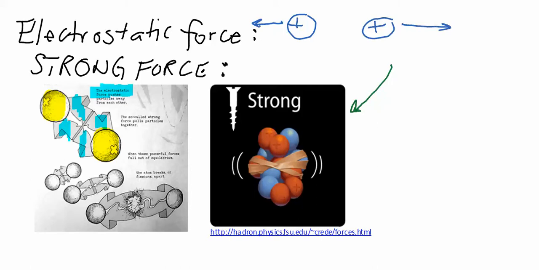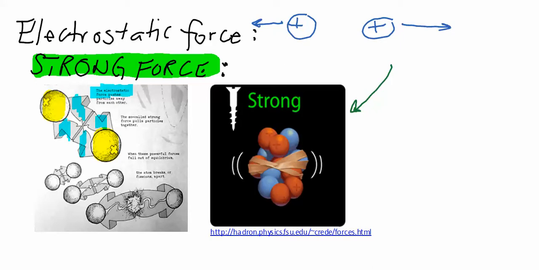The strong force is just a force of nature that keeps the nucleus bound together, but it has to be incredibly, incredibly strong if it's going to counter the electrostatic force that wants all of those protons to separate from each other. The reason that a nuclear reaction is going to produce so much energy is that we're basically unleashing the energy of the strong force. The strong force is what keeps the nucleus bound together.